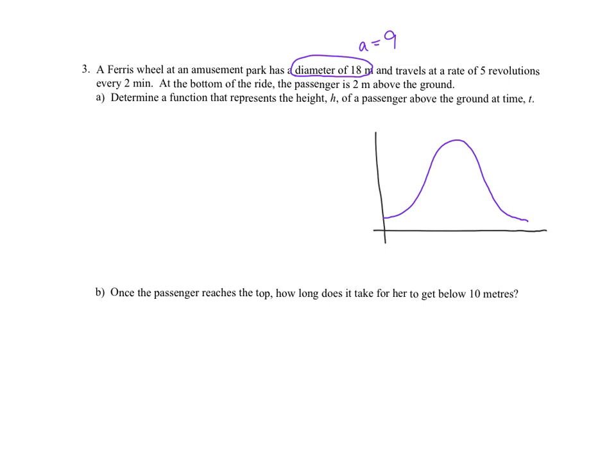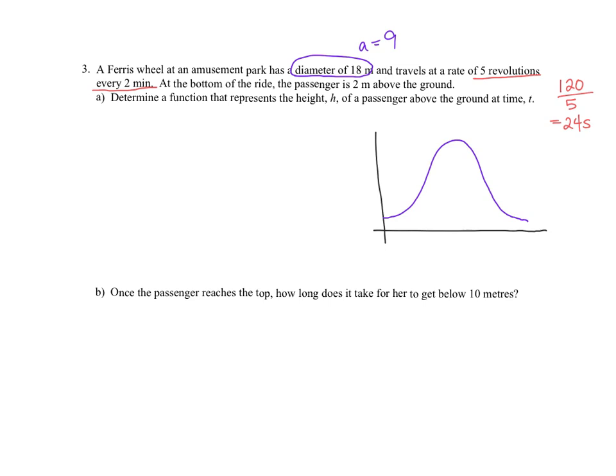It travels at a rate of 5 revolutions for every 2 minutes. So I'm going to turn that into seconds. I'm going to take 120 seconds, which would be my 2 minutes, divide that by 5 to know that it's going to take 24 seconds for 1 revolution.